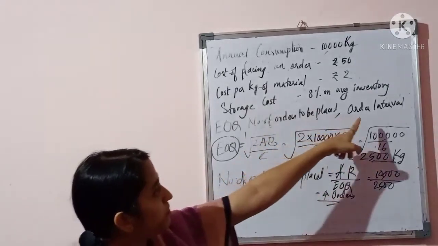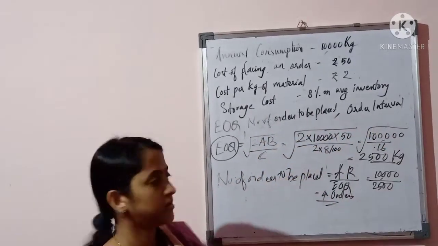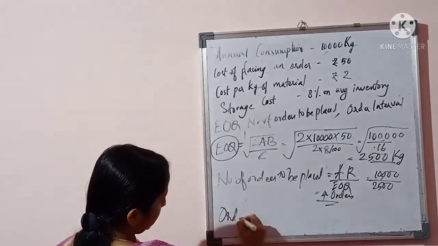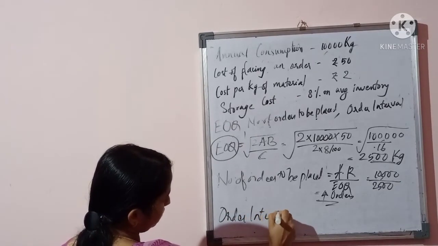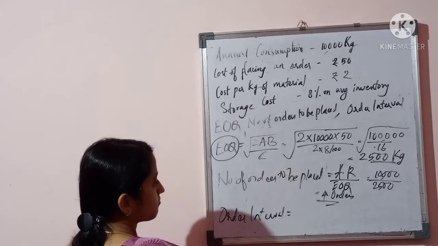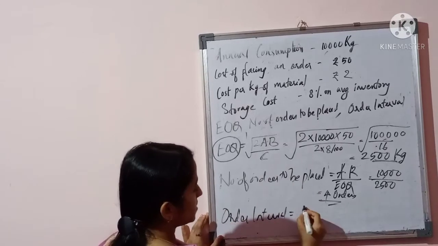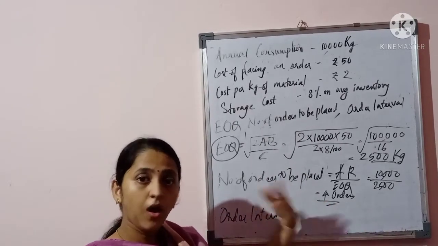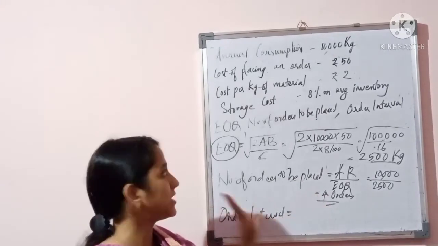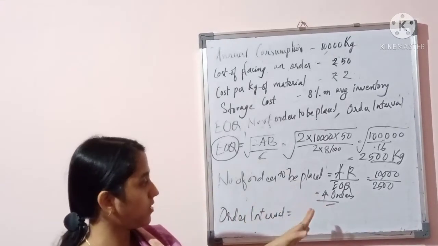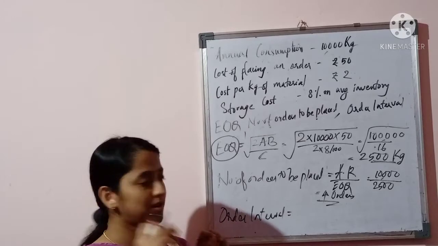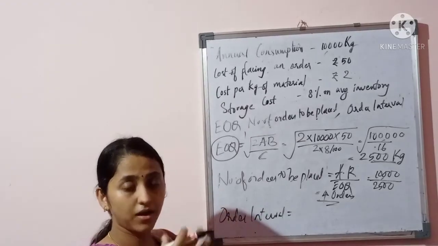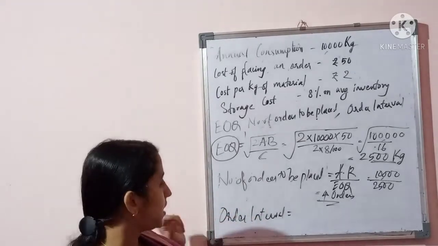Then we have to find one more thing, that is the order interval. Here either we can do 365 divided by the number of orders, or we can do it monthly. Better we do it monthly, that means by how many months we have to place the next order.